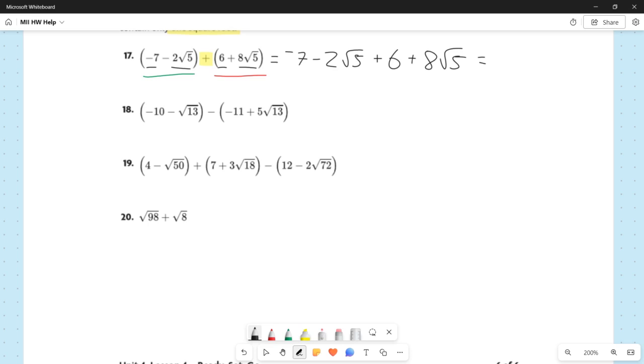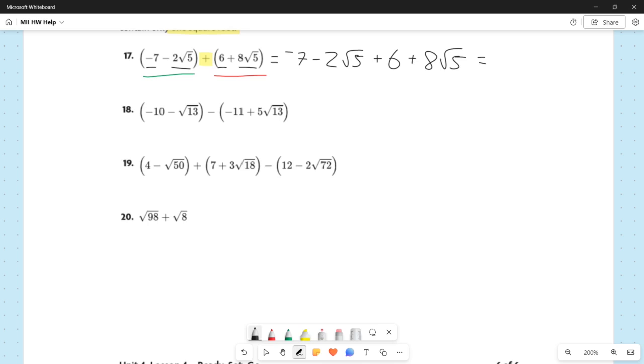If you have -7 minus 2x plus 6 plus 8x, you would combine the -7 and the 6 to get -1, and you'd combine the -2x and the 8x, and you'd get 6x. That's how you would simplify this algebraic expression. What we're going to do here is basically the same exact thing. You're going to treat the root 5 just like you would treat a variable or an unknown.